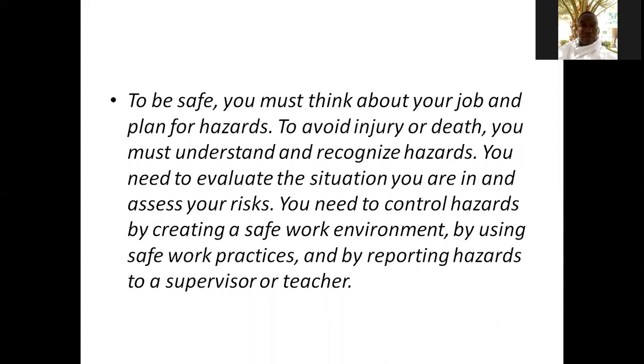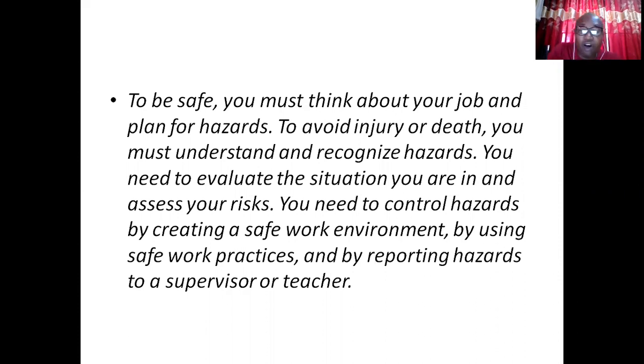In planning, to avoid injury, to avoid death, you must understand and recognize the hazard. There is a proverb in Yoruba that says, what you don't know is what can kill you. But what you have knowledge of, one should not be able to die of it. So you must understand and recognize hazard.